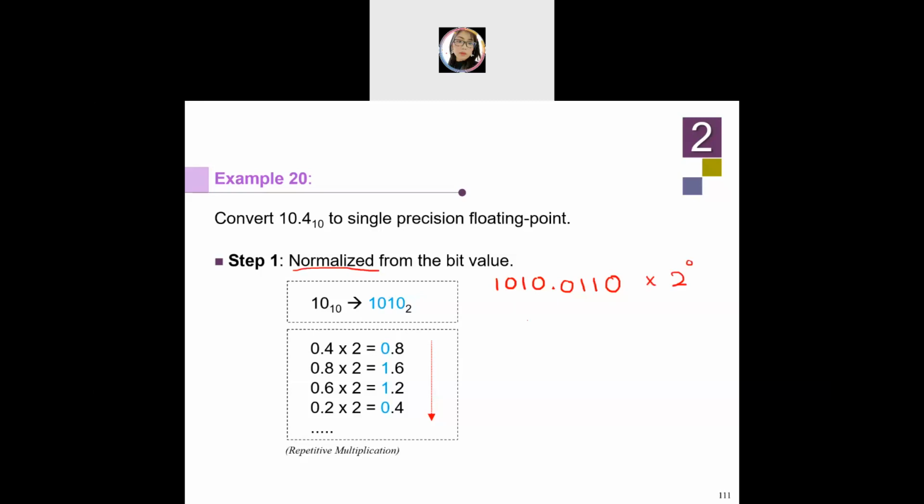You go left, doctor. 1, 2, 3. I move 3 times to the left. 1.01001110. That is the value that I will get, times 2 to the power of positive 3. So we will get the answer like this.